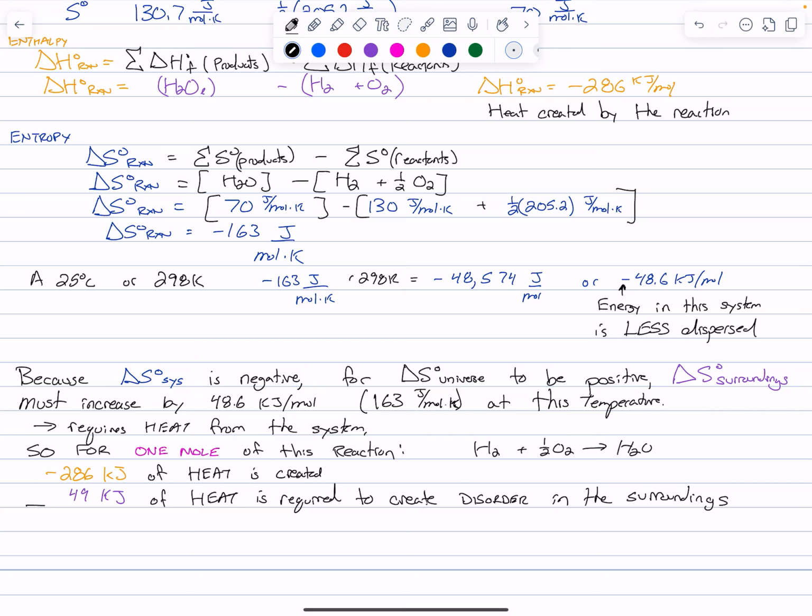Which means 237 kilojoules of heat, right? That's how much heat remains as, quote unquote, free energy available to do work.